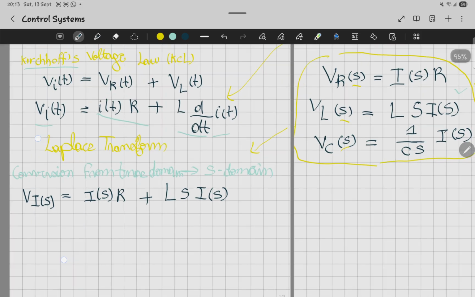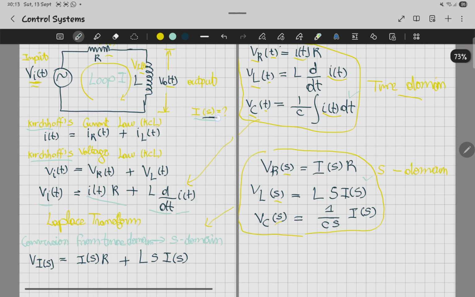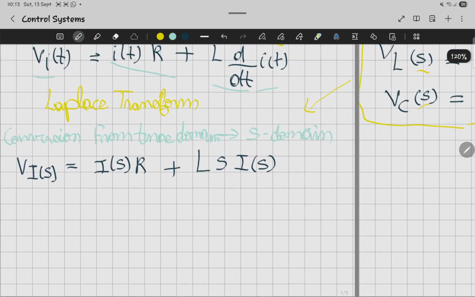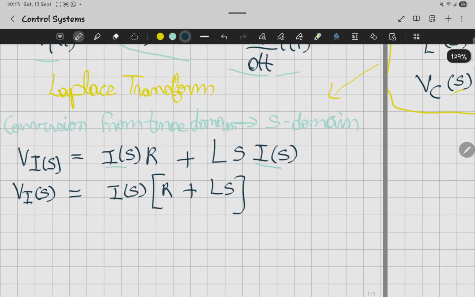Okay, so once you get this equation, you can now solve for the current. If I have to solve for the current that you see here, I'm going to factor it out. So I'm going to get something like this: equal to I(S), and then you open the bracket, R plus LS, and further on we need to solve for this current.